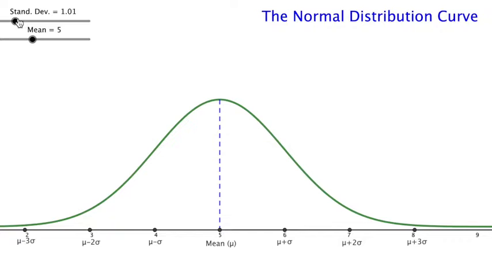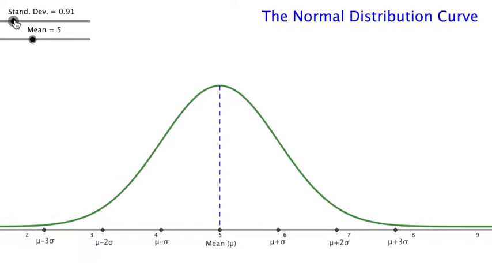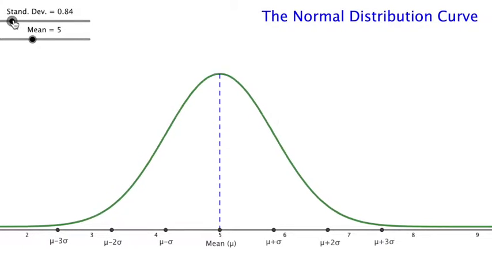So now if I change the standard deviation, what will happen is if I make it smaller, those numbers are going to get closer together, representing that the average distance from the mean is a small value. And then to accommodate that and keep the area of 1, the curve has to get taller.